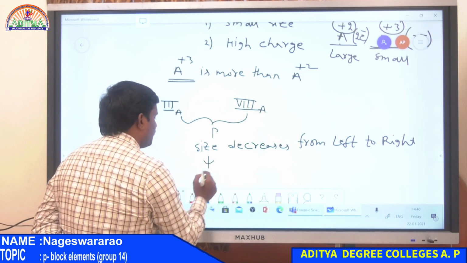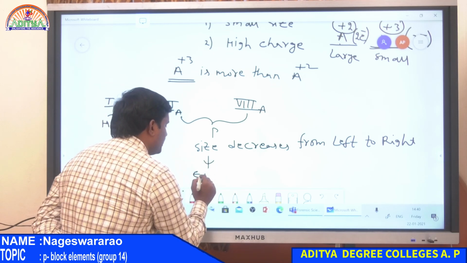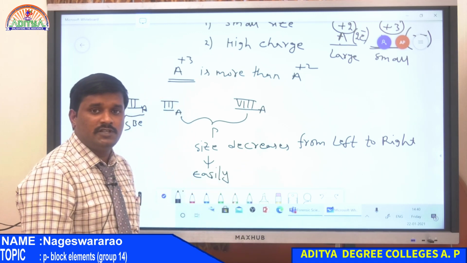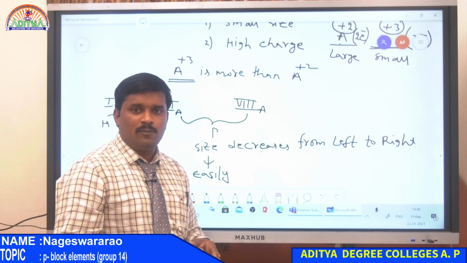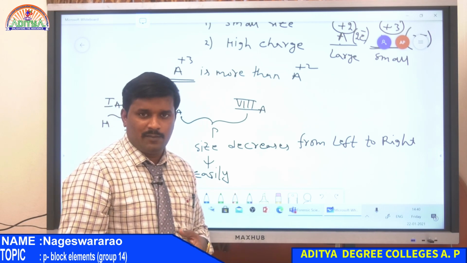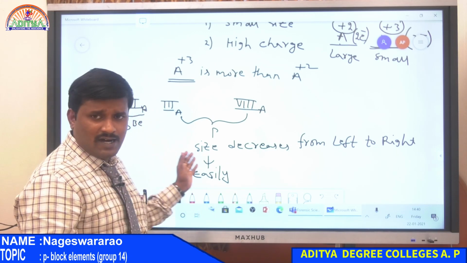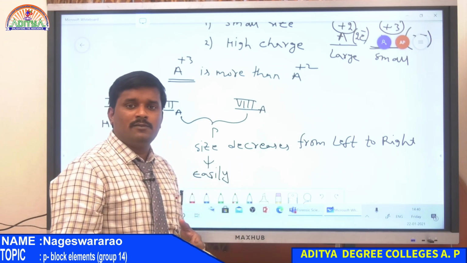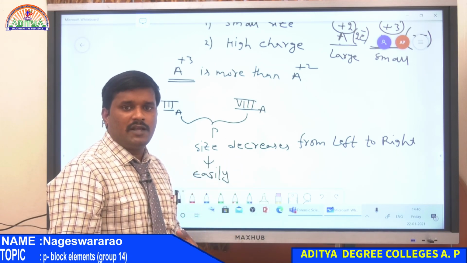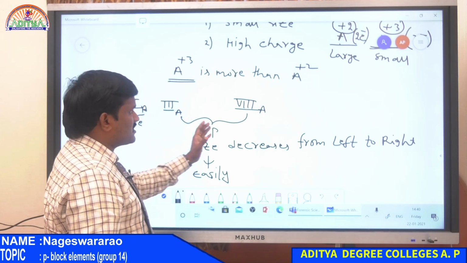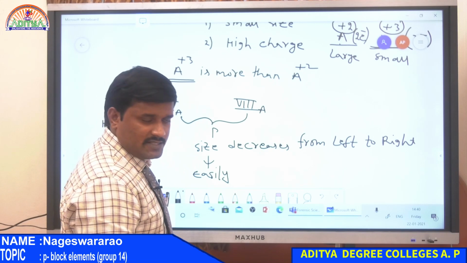Therefore, they form complexes very easily compared to S block elements. Therefore, the formation of complexes by P block elements is more compared to S block elements, because the size of the P block elements is less. Therefore, complex formation tendency increases.